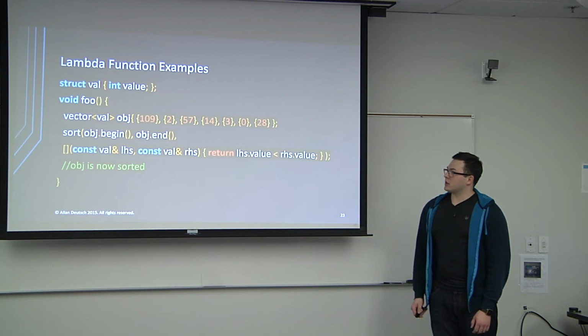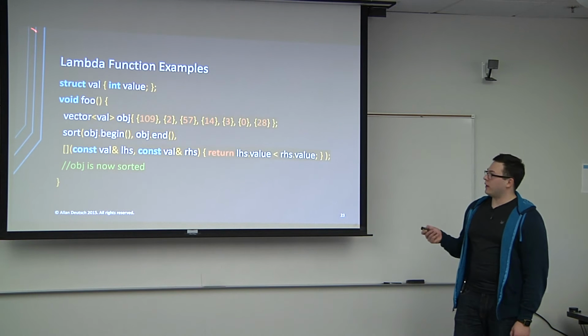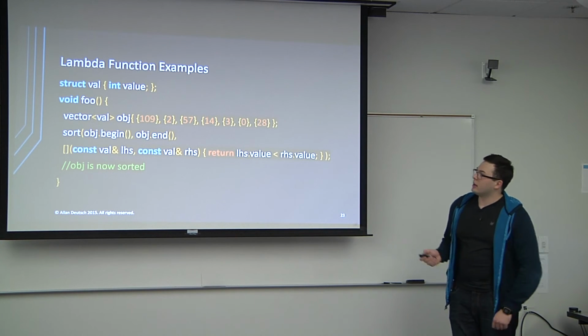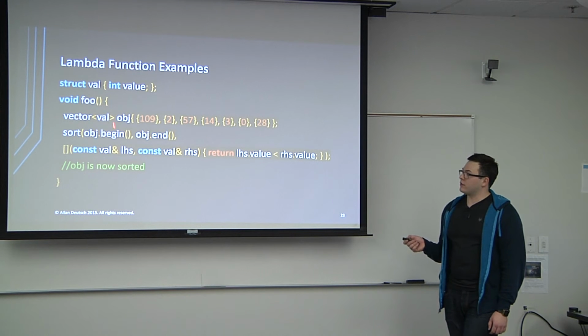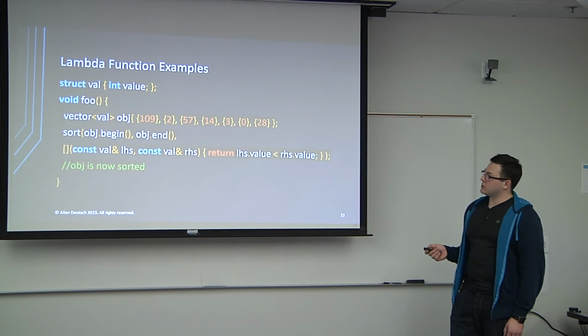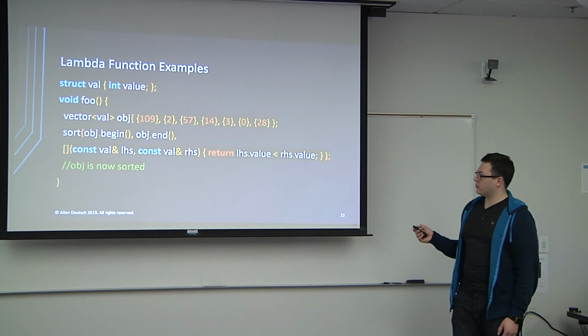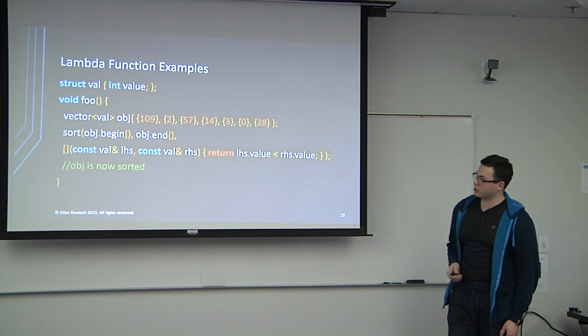So some more examples of them. Like say you have some struct val, and it probably has other stuff, but it has some value that you want to sort by. And then in foo, you have some sort of vector of vals, and you want to sort them. So a typical use case for a lambda is you write your comparison function in a lambda and pass it to your sorting algorithm.